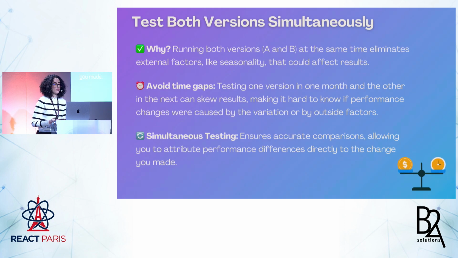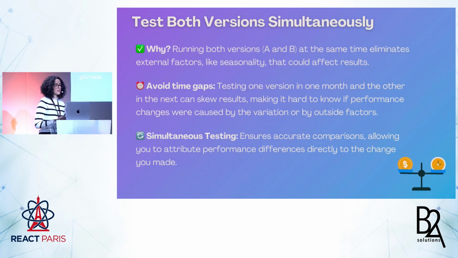The next thing which you should consider is to test both versions simultaneously. And why is it important? Running both versions, A and B, at the same time eliminates external factors like seasonality that could affect results. You should also avoid time gaps.